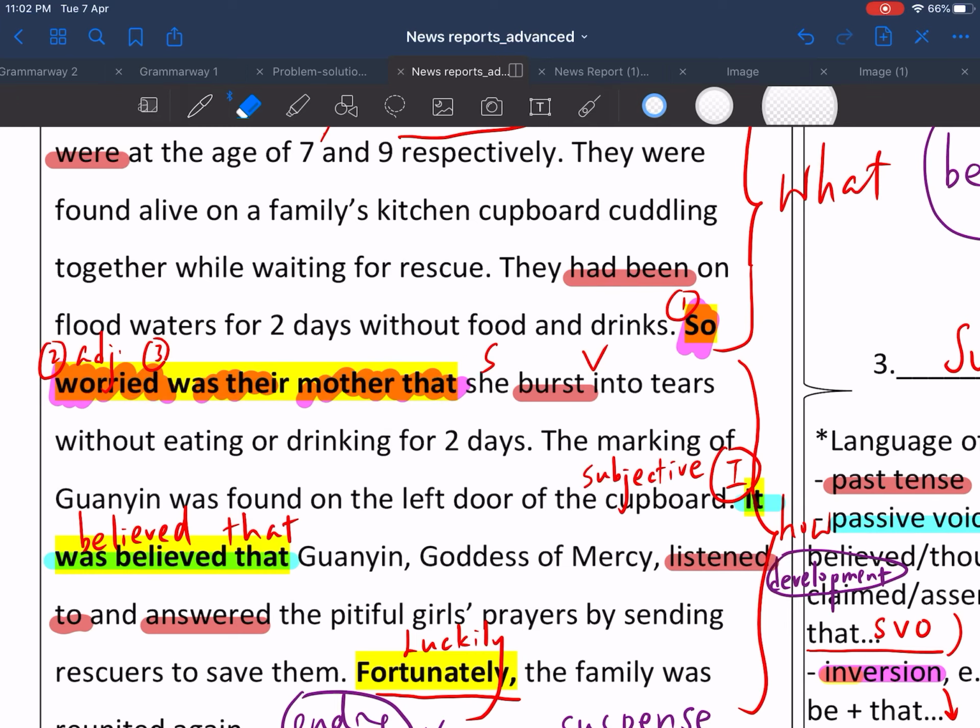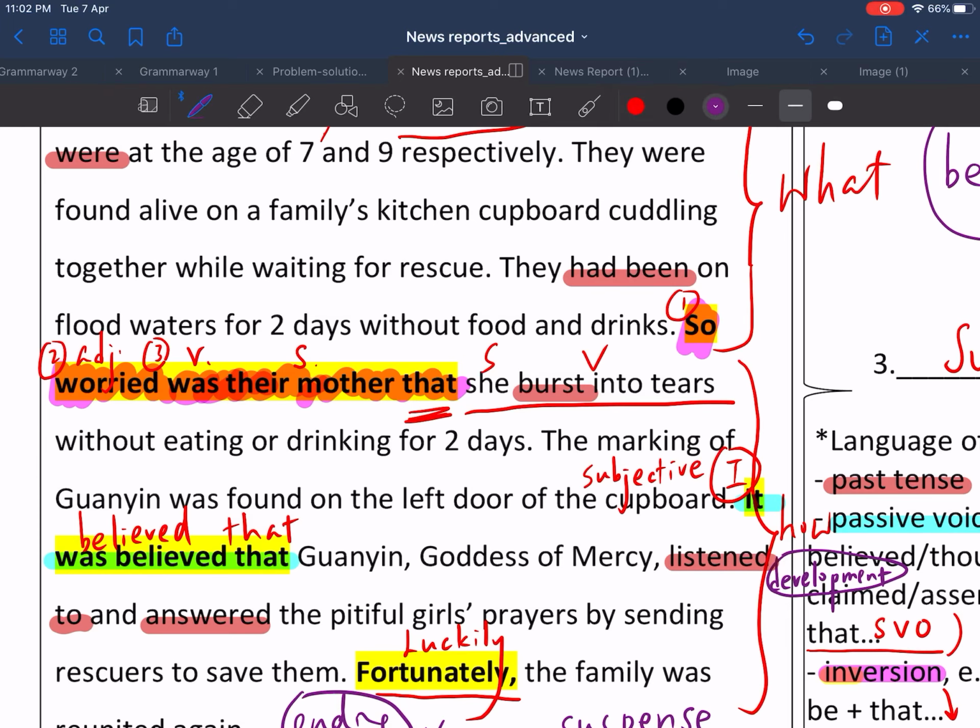The verb to be was is put before the subject, their mother. And after that, you need to use the SVO patterns. Is that clear?